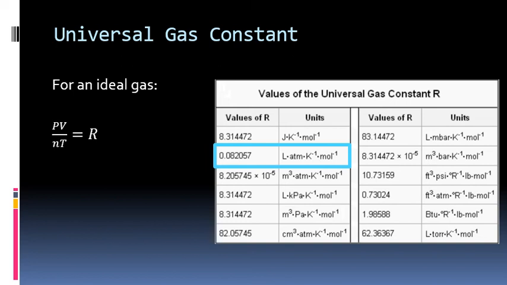For gas chemistry, it is the second from the top, 0.082057, or 0.08206 liters atmospheres per mole Kelvin. That value is what we use in place of R for our universal gas constant, because for pressure, volume, amount, and temperature, we're usually looking at atmospheres, liters, kelvins, and moles.